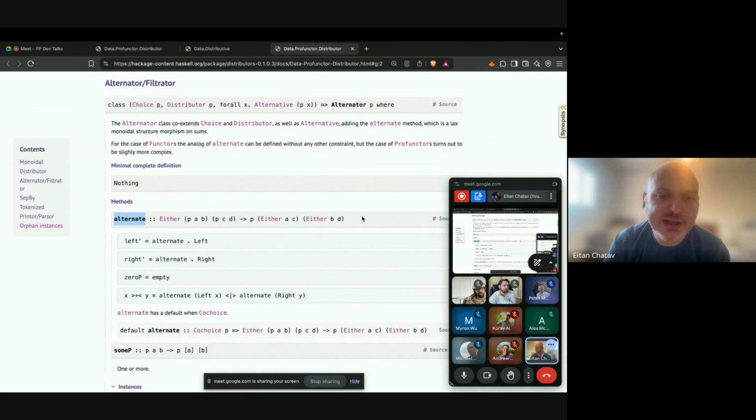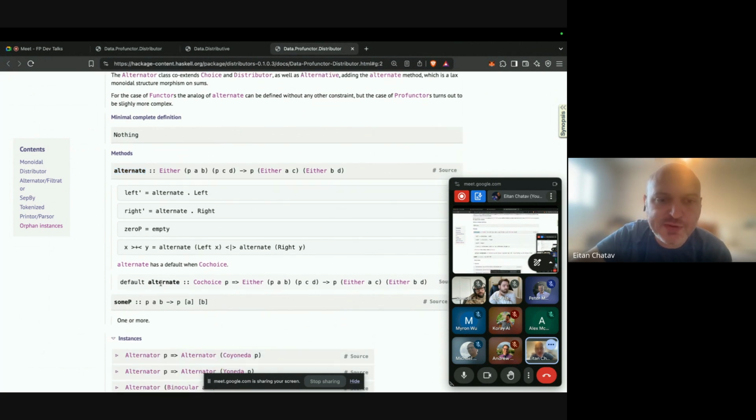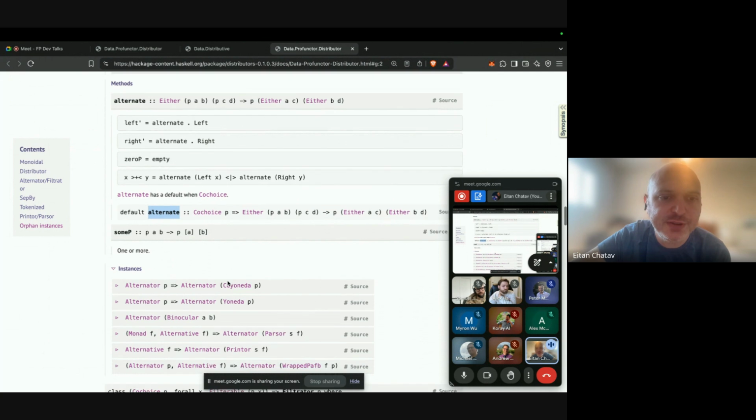Okay? And we have a default method: if P is, in addition to being an alternator, also co-choice, then we can get a default definition for alternate.